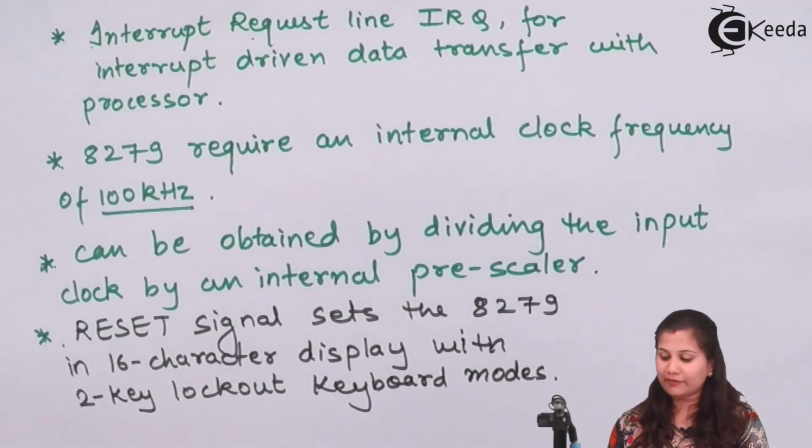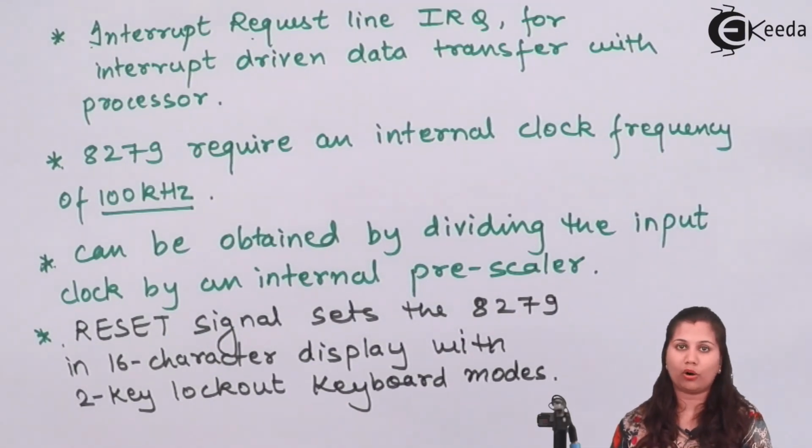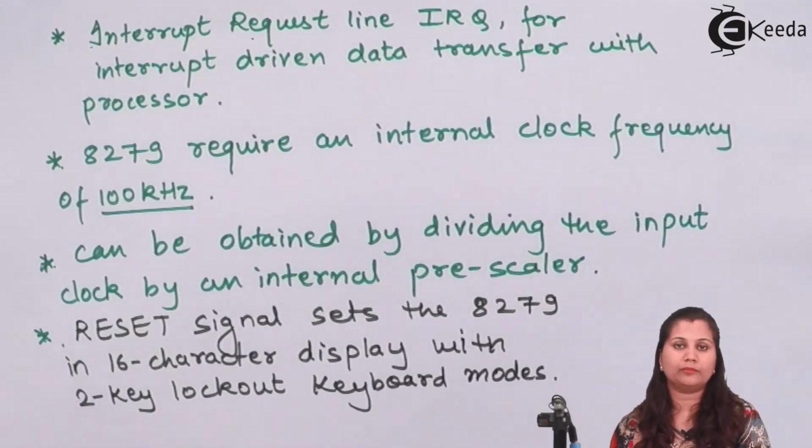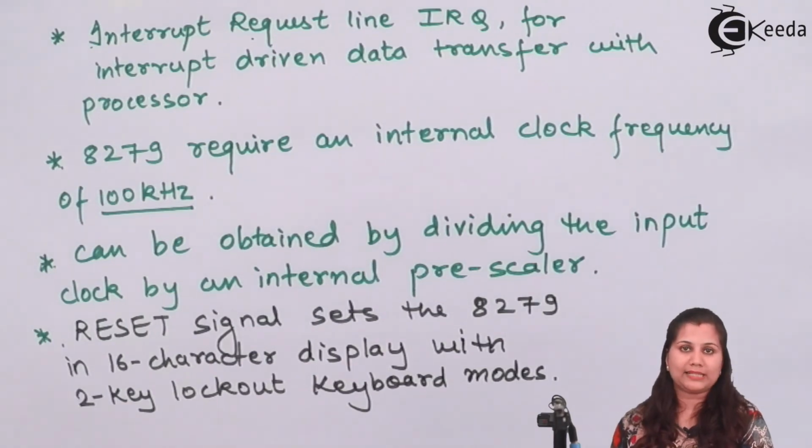Otherwise, if we want to change the mode of the 8279, we can write the command word or control word accordingly in the control register, so that mode will be selected.